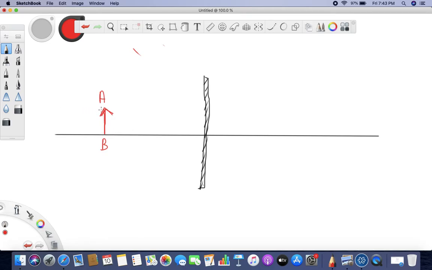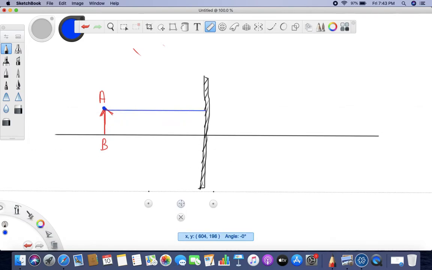So I am drawing a ray from any one point. Let me say from here I draw a ray to the mirror. So this is one ray I am drawing.